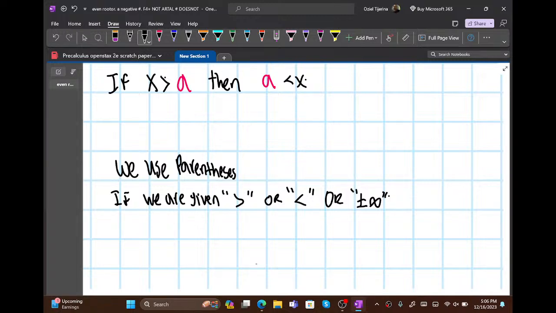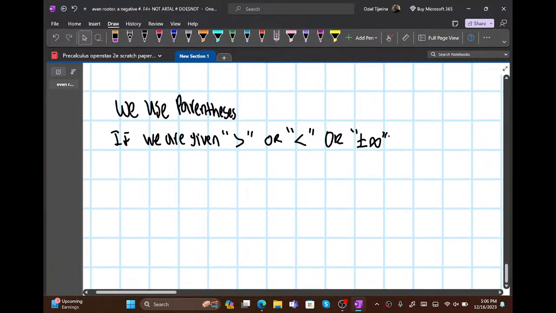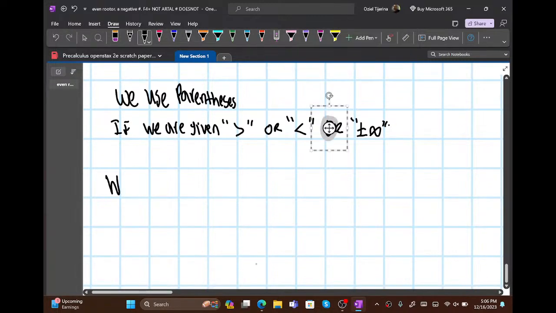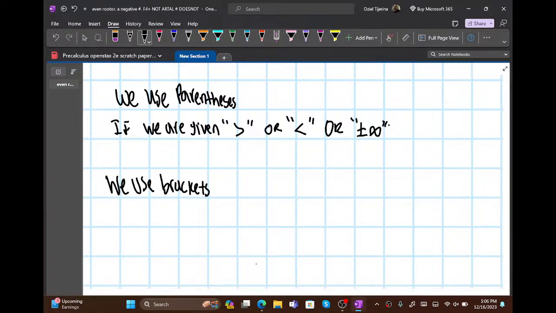We use parentheses for those, for the open and close parentheses, and then we use brackets if we are given less than or equal to or greater than or equal to.